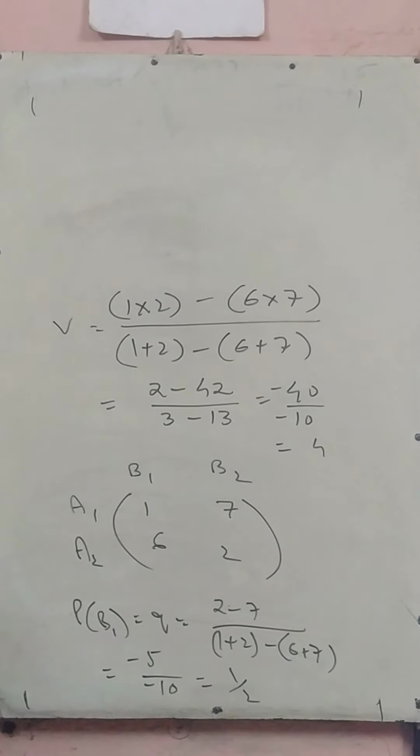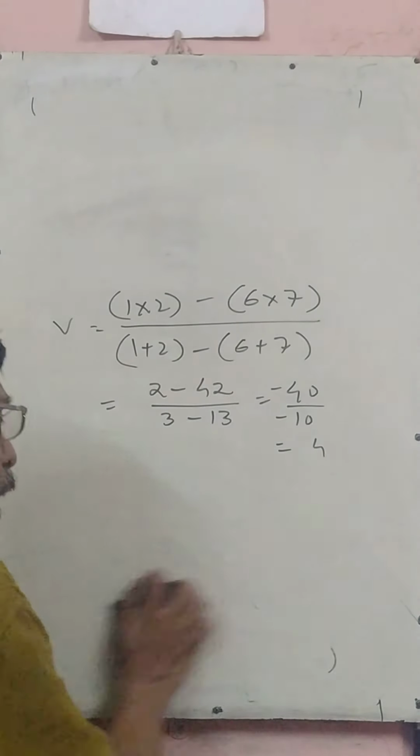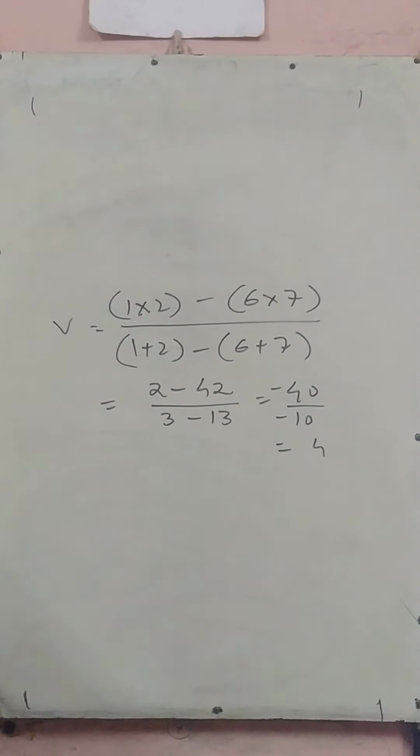If it is not, then we proceed to the dominance principle, reducing the matrix to 2 cross 2. If you cannot reduce to 2 cross 2, it may be 2 cross 3, 4 cross 3, 4 cross 2 or 2 cross 4. That means we cannot reach 2 rows and 2 columns. Then we will apply the other method, the graphical method, and some other methods are also there. I will discuss them in the next videos.